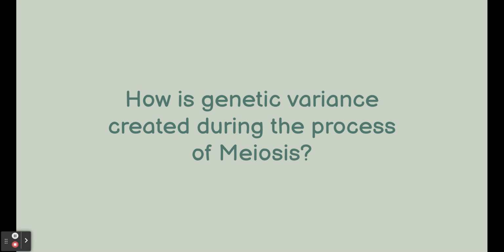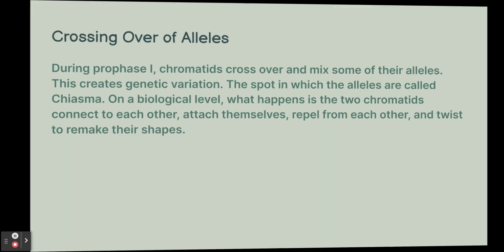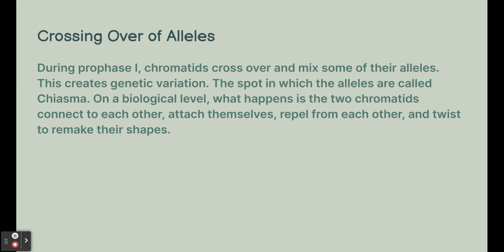So, like I mentioned earlier, genetic variation is one product of meiosis, and that happens through the random nature of meiosis along with other factors. One of the things that causes genetic variation in meiosis is crossing over.